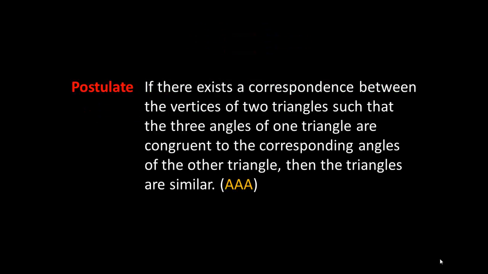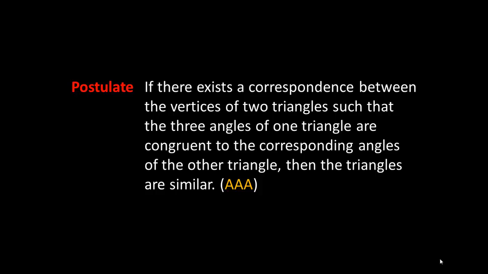All right, we're going to start off with a postulate. This goes along with angle, side, side, all that good stuff. If there exists a correspondence between the vertices of two triangles such that the three angles of one triangle are congruent to the corresponding angles of the other triangle, then the triangles are similar, and that is by angle, angle, angle.